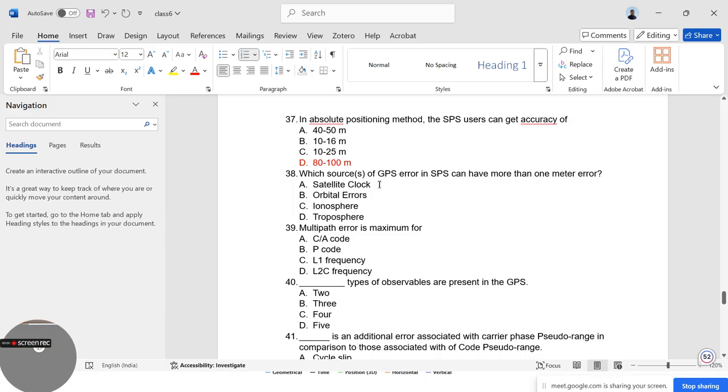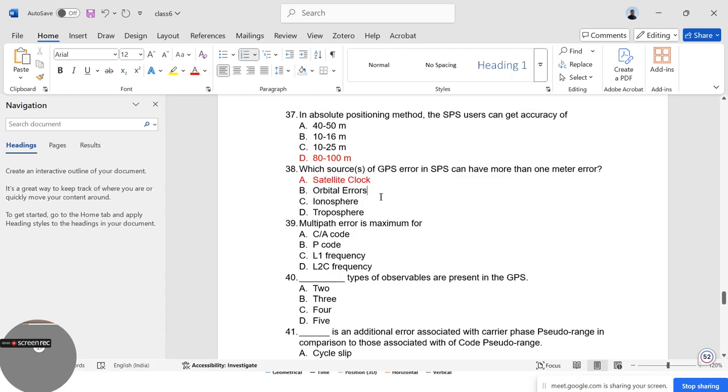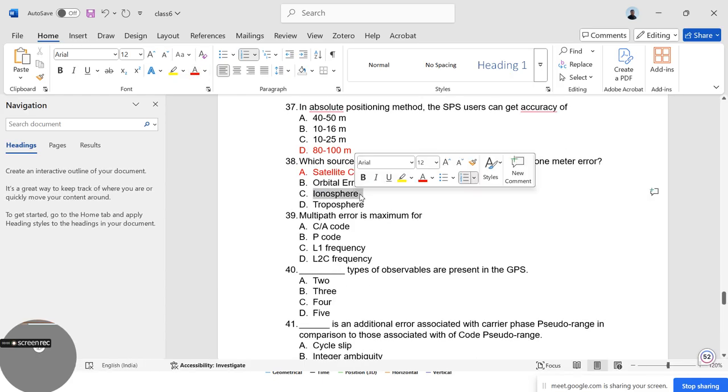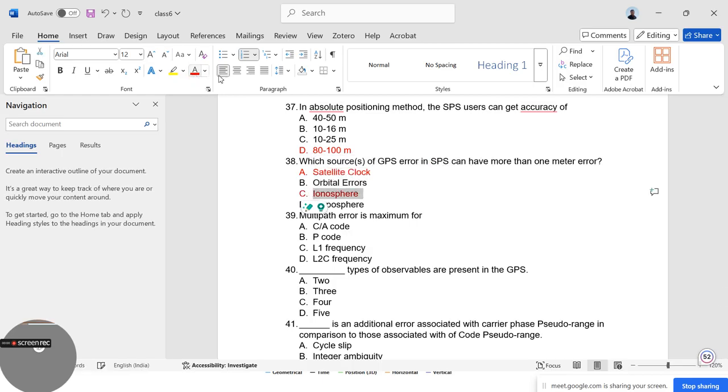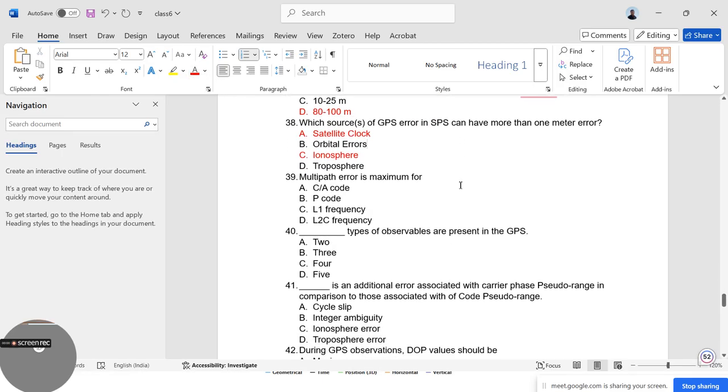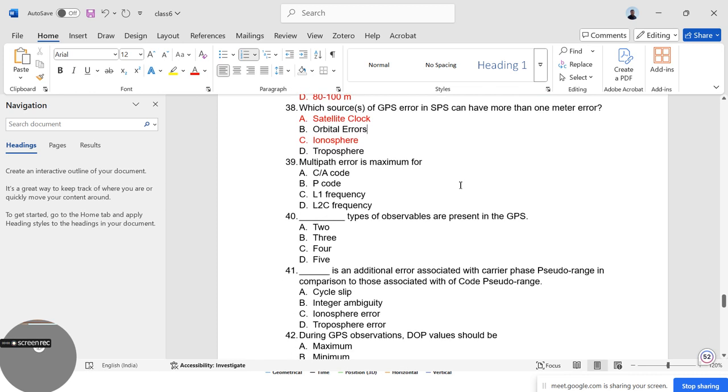So satellite error, which is around 5 to 7 meter. And then we have ionospheric error, which is also 0.7 to 1.2 meter. Other errors are very small in nature. Multipath error is maximum for CA code. We discussed this in the PPT.